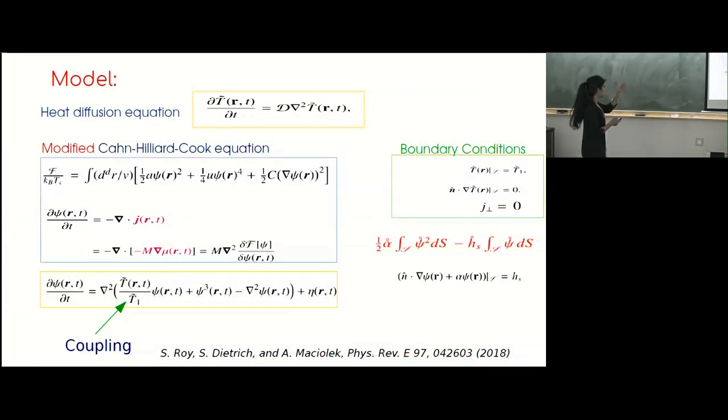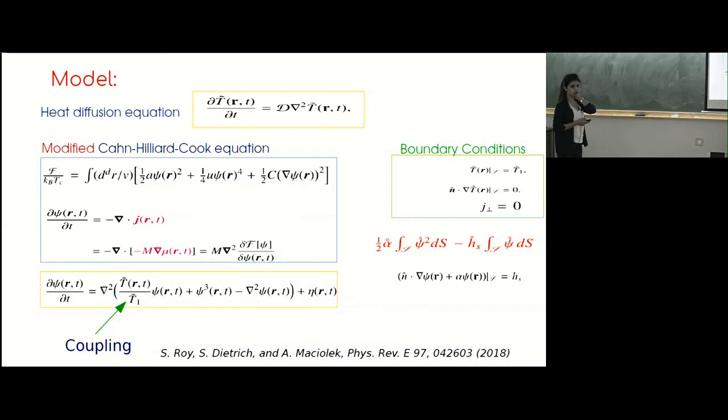Please don't worry about this tilde sign here, this is just a kind of non-dimensionalization. But to tell you, if T tilde is positive, it means it's higher than the critical temperature, and if it's negative, it means it's lower than the critical temperature. And this term D here is the ratio of the thermal diffusivity to the interdiffusivity.